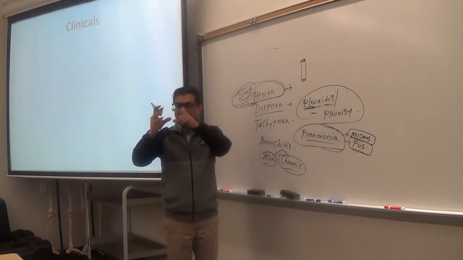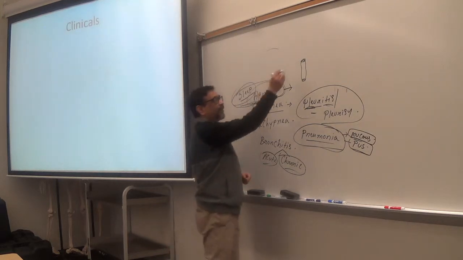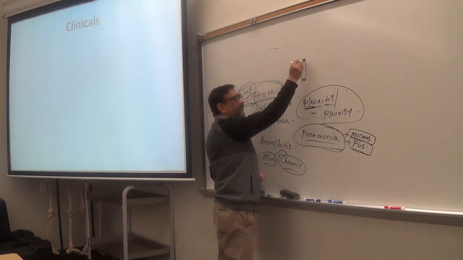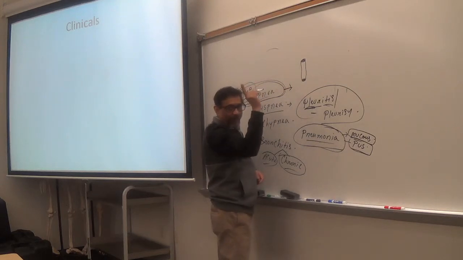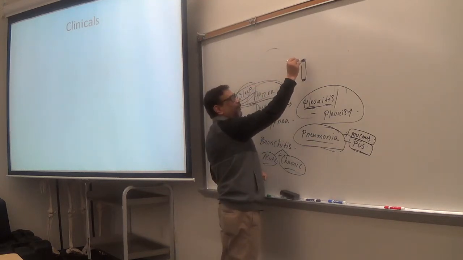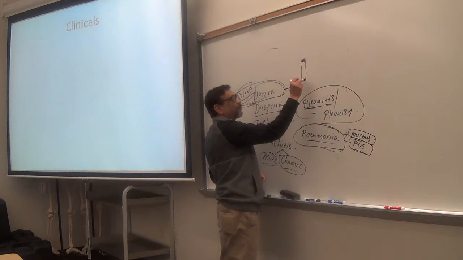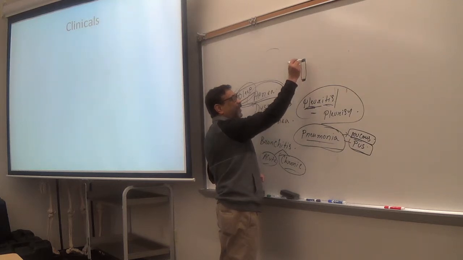Swollen. Thick, right? Inflammation. So the lumen will get narrow. Make sense? First thing. Now, if the wall gets thick, the lumen will get narrow. Also, the wall will secrete a lot of mucus, so that will also block the passages.